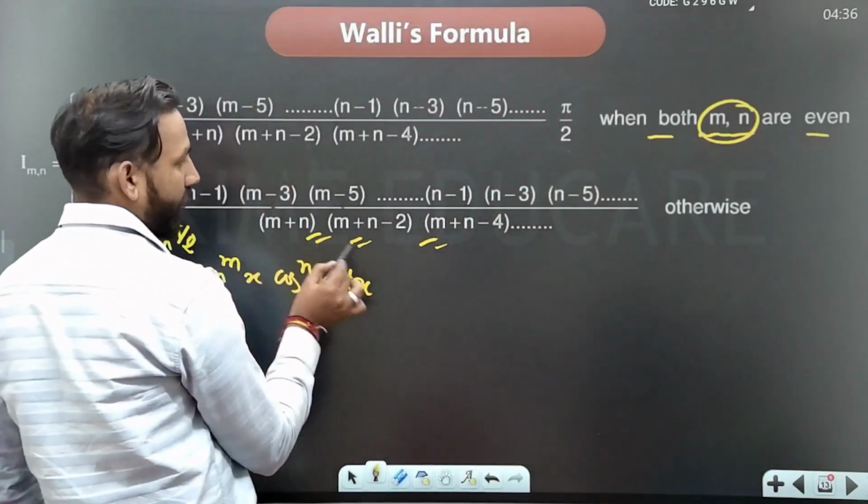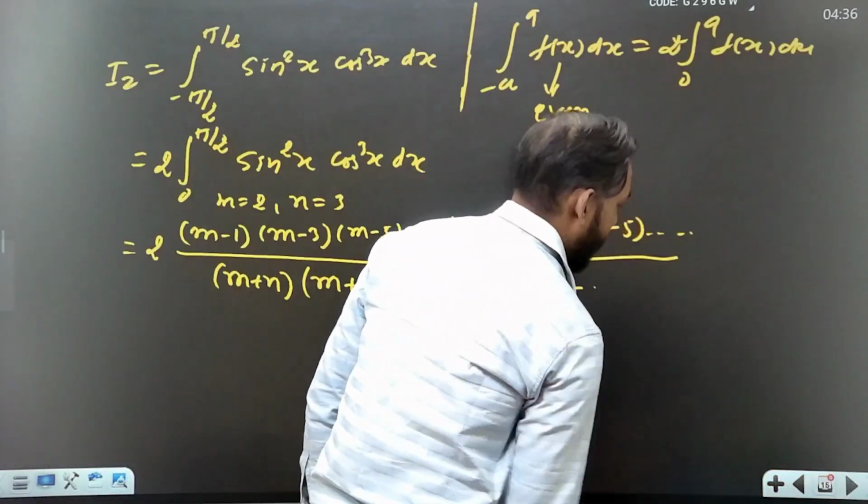This thing clear? Okay, it is also clear.